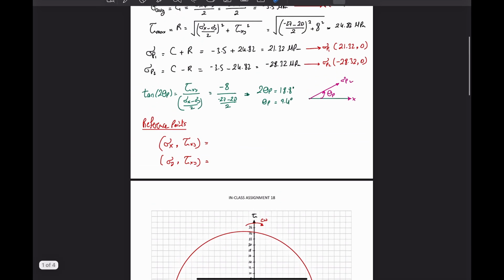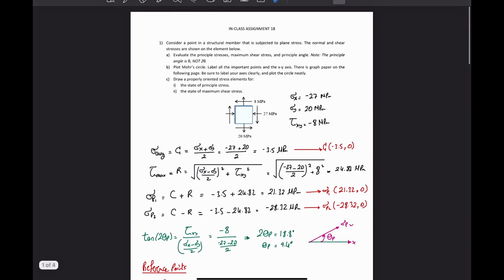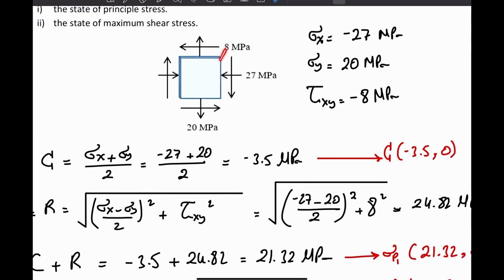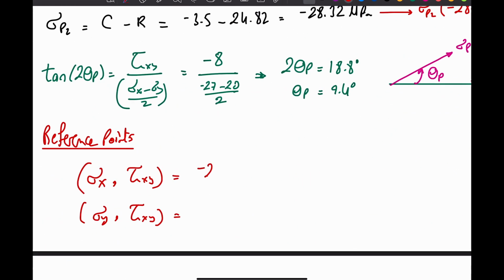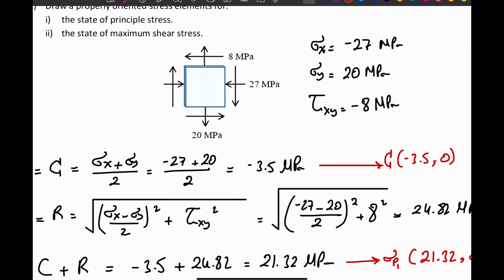If I want to talk about sigma x and tau xy, we are talking about this plane and that plane, which is in the x. If I have a plane and x is perpendicular to it, we call that the x-plane. For that x-plane, I have sigma x negative 27, which is 27 in compression. And I want to find the shear on that plane.